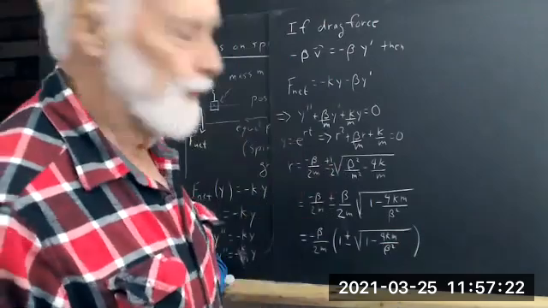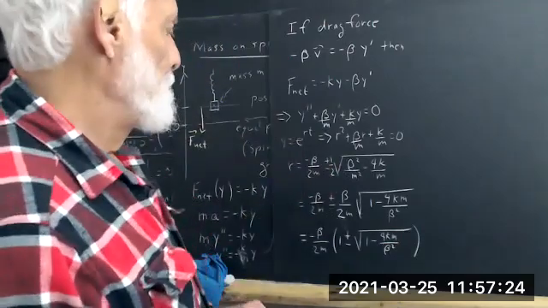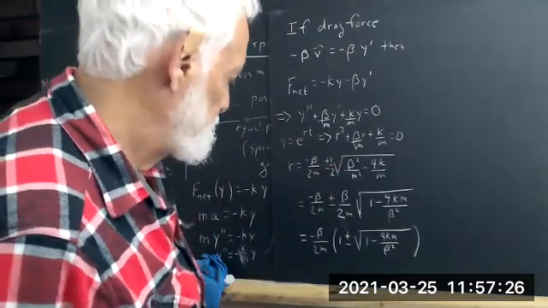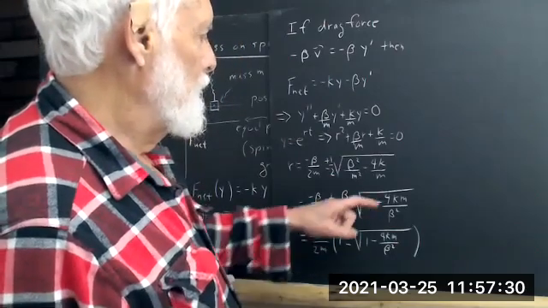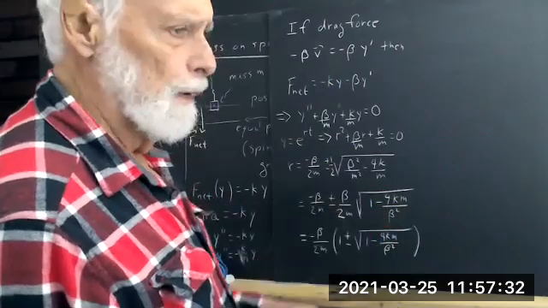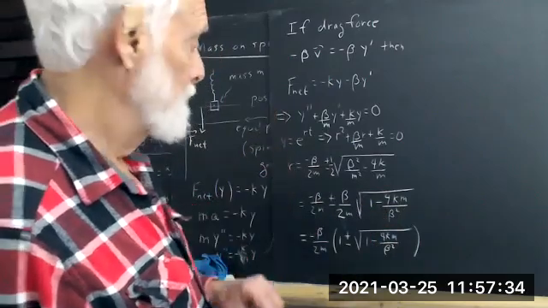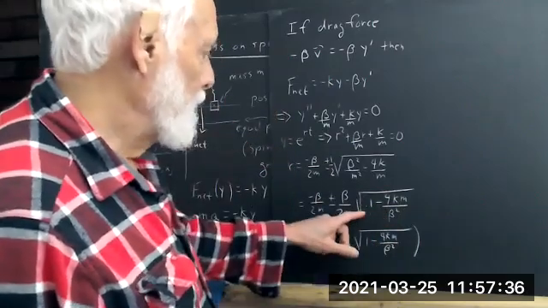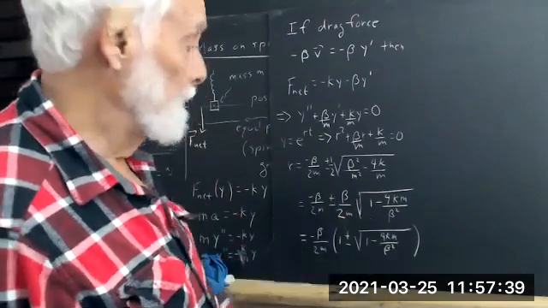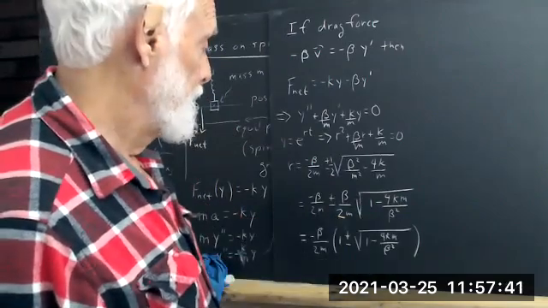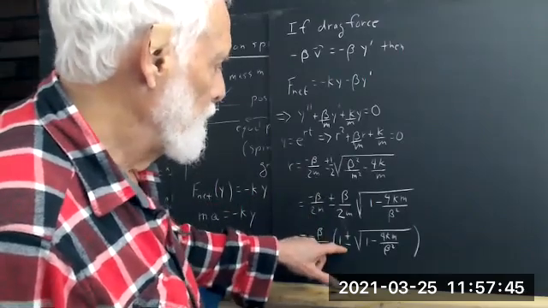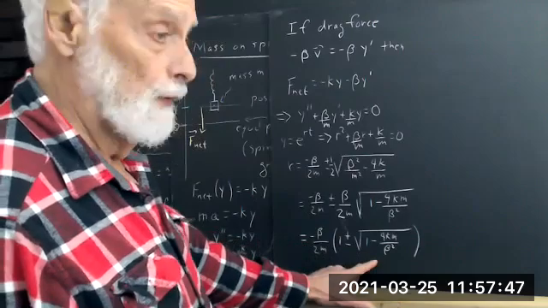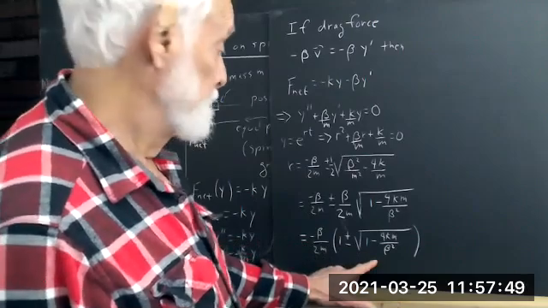Now, a couple of things we can see about this. If 4km over beta squared equals 1, then we have a square root of 0 here, and we just end up with 1 plus or minus 0. We end up with a repeated root.